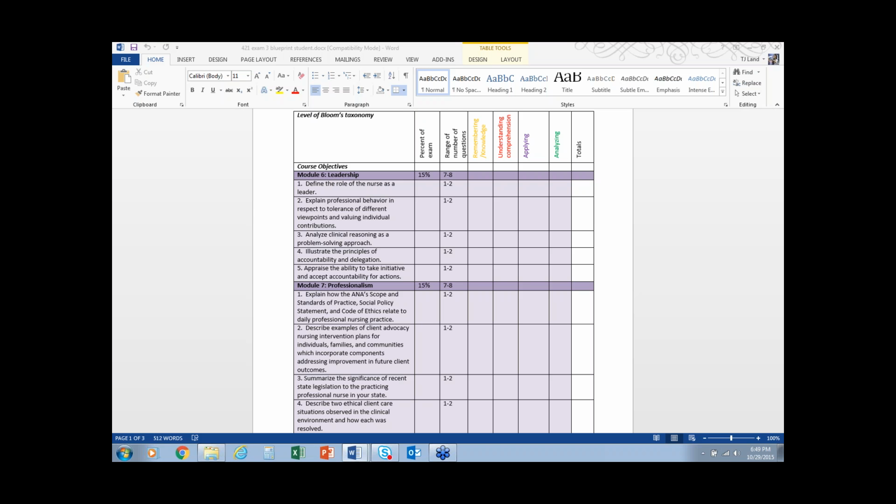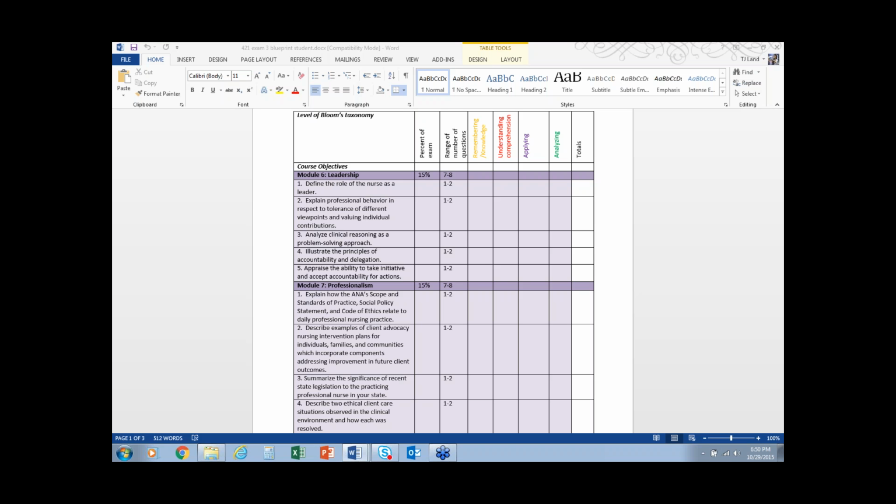So number 4 is asking us to be able to illustrate the principles of accountability and delegation. So you need to understand what those principles are, and you need to understand how you know when and to whom to delegate.